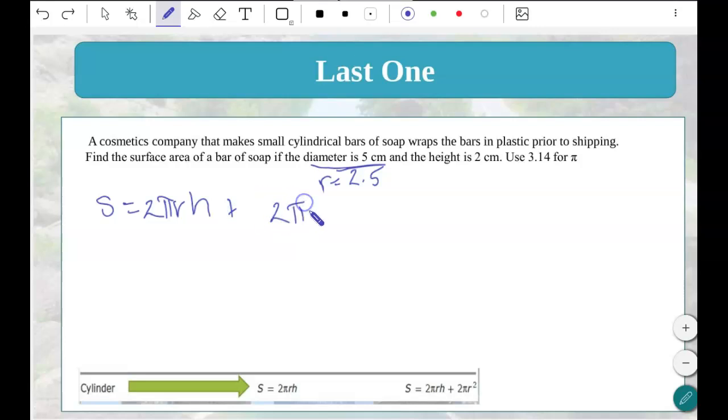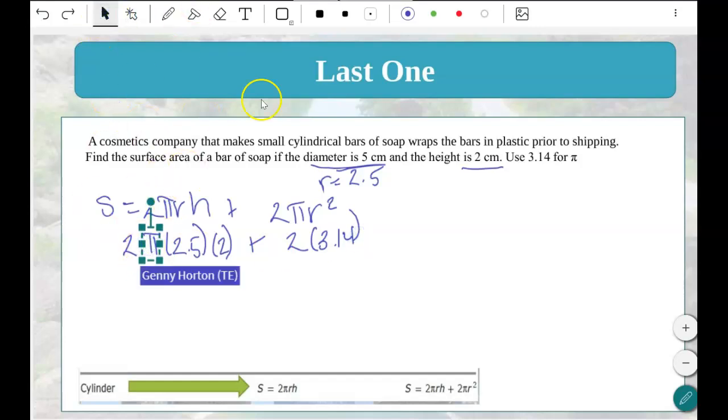2 pi, put your formula down. So 2 pi, radius is 2.5. The height is 2. Oh, I should have put in 3.14 for pi because it says to use 3.14 for pi. Get rid of that. Okay, so I can squeeze that in there.